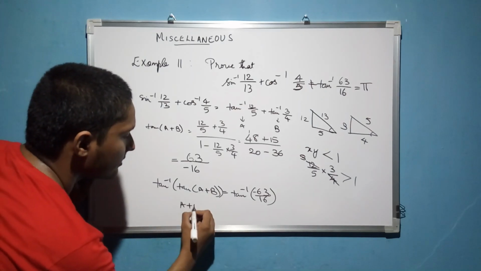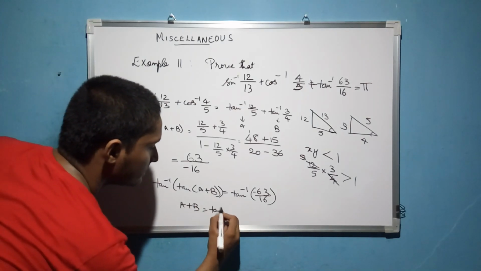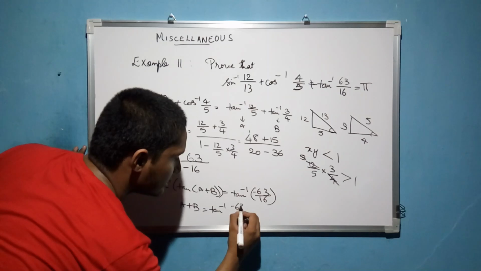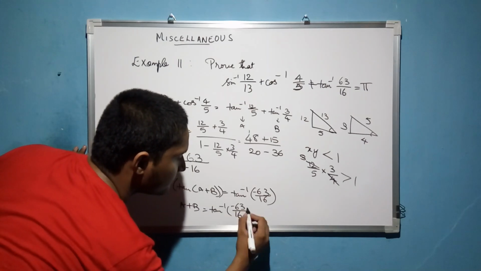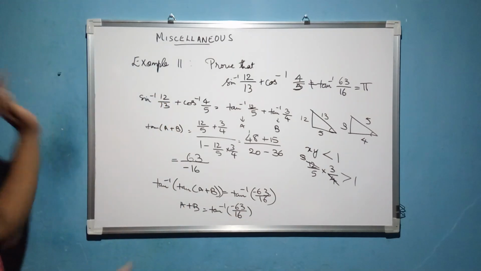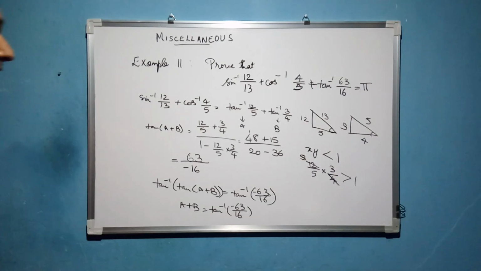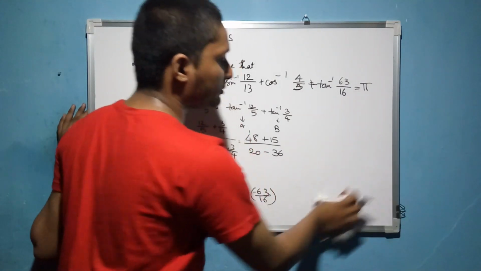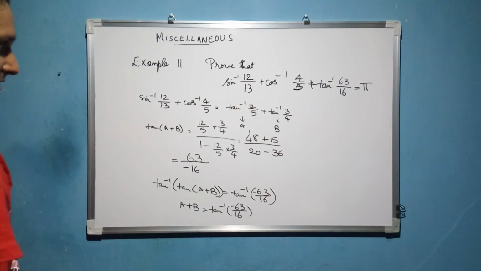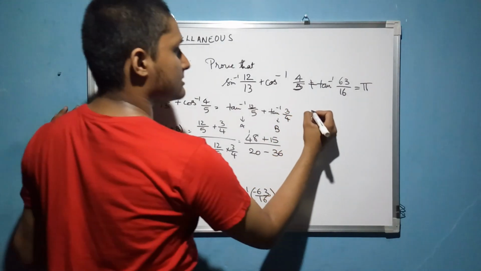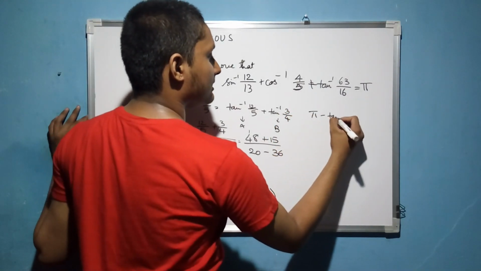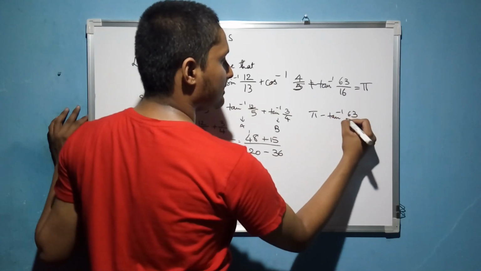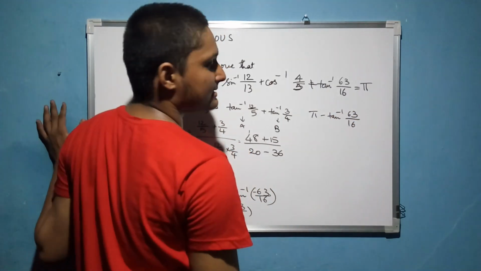Therefore a plus b is equal to tan inverse of minus 63 divided by 16. Okay, now you have the right hand side. Right hand side is only pi over there. So I'll consider pi minus tan inverse 63 divided by 16 to be the right hand side.